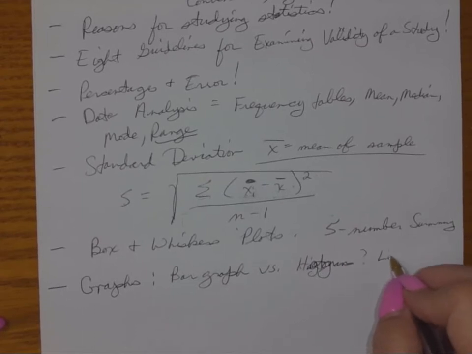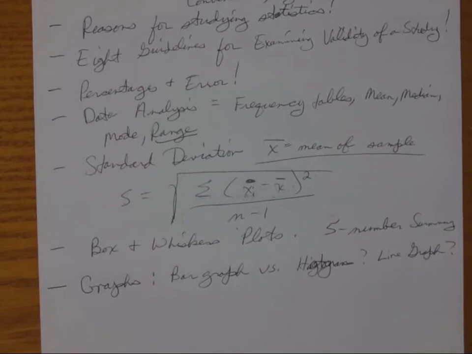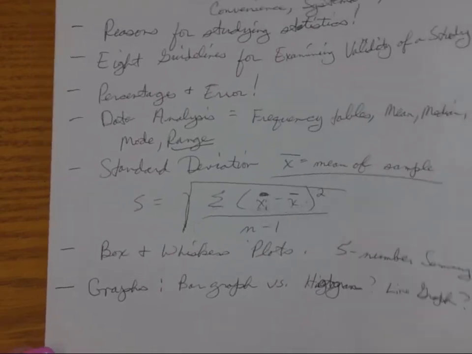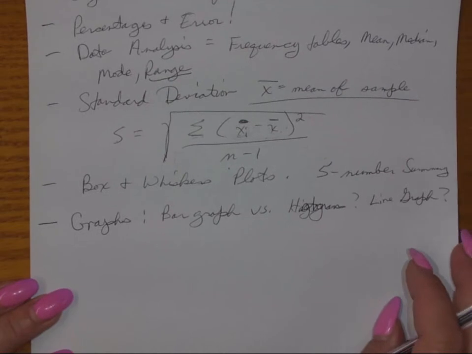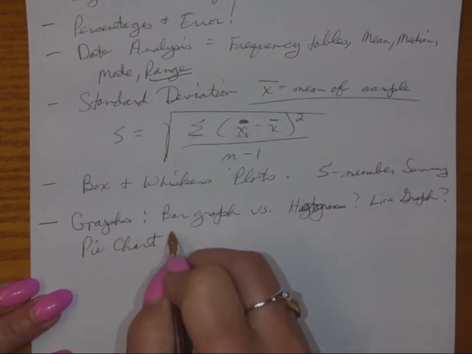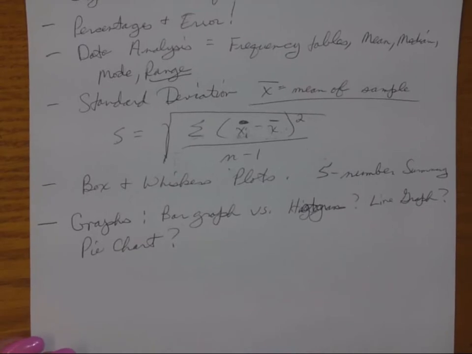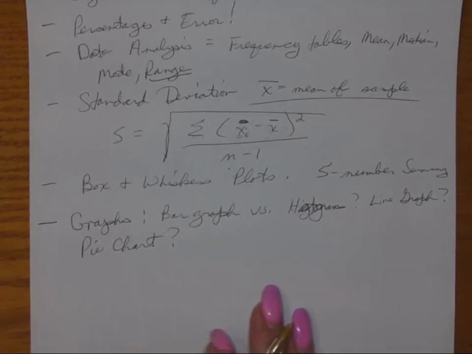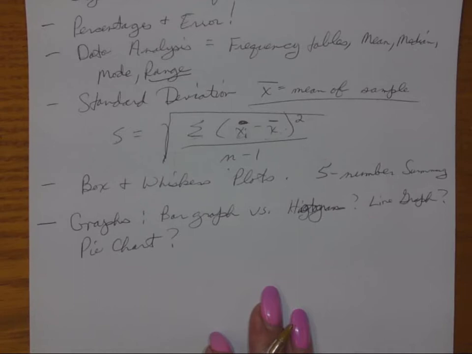Can you do a line graph? You know what a scatter plot looks like, a dot plot, all those different things. Can you read a pie chart? I probably won't ask you to create a pie chart, but I might ask you to pull data off of a pie chart and tell me what's going on in there. All of that stuff was in exam 2, being able to find information and look at the data and find stuff off of it.